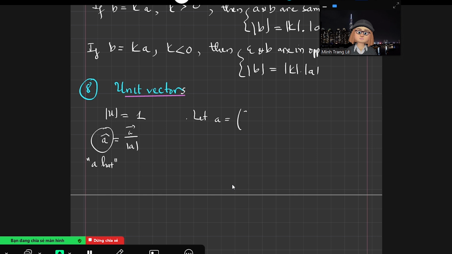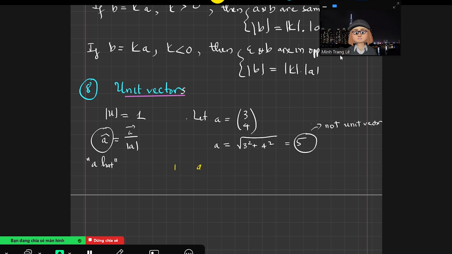Let a equal (3, 4). The magnitude would be the square root of 3 squared plus 4 squared, which equals 5. 5 is not a unit vector as it doesn't have a magnitude of 1. So we want to find the unit vector that has a magnitude of 1. You will have to divide 3 and 4 by the magnitude of a.